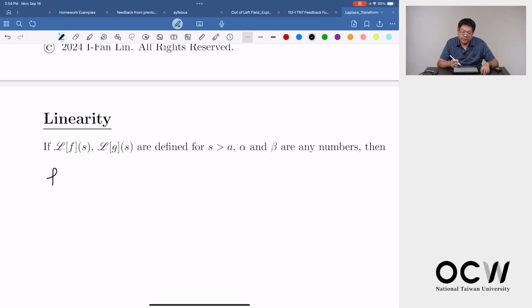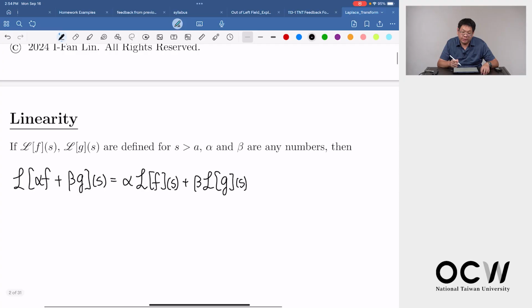then the Laplace transform of alpha f plus beta g is alpha times the Laplace transform of f of s plus beta times the Laplace transform of g, for s is greater than a.